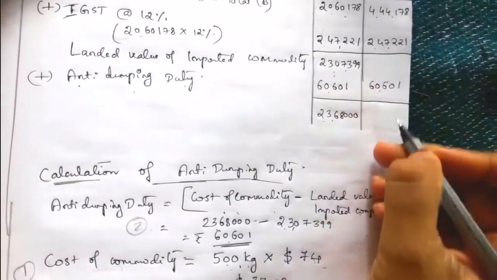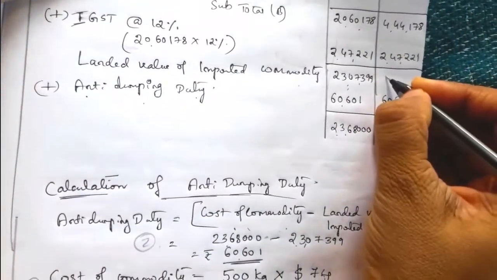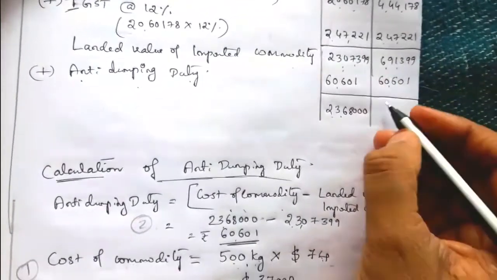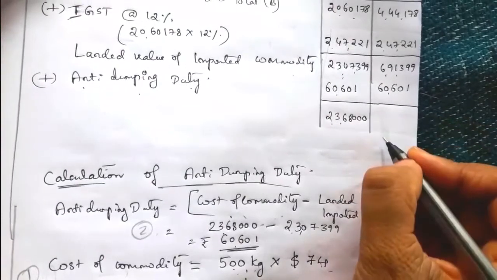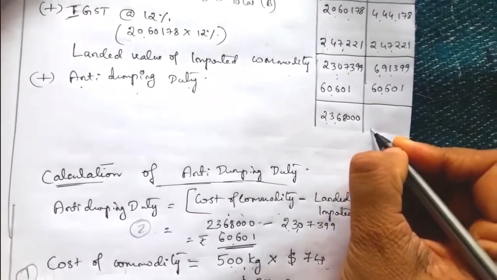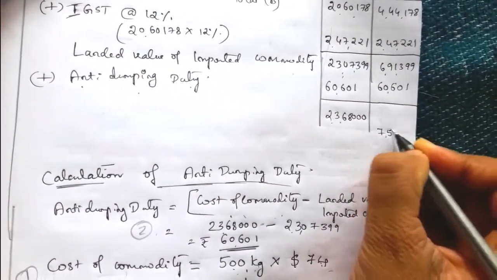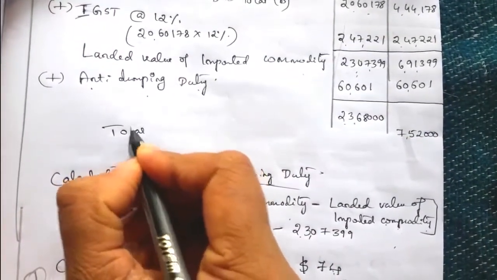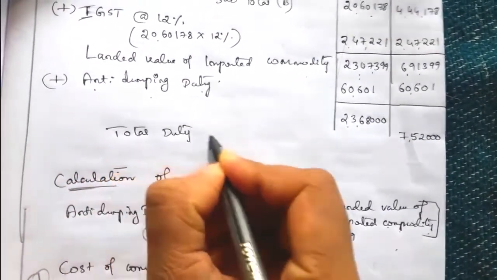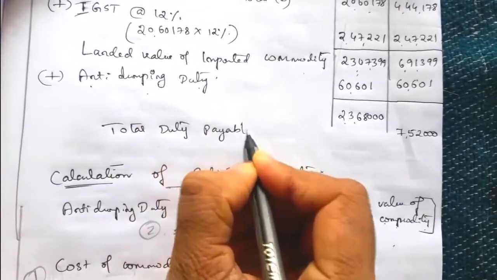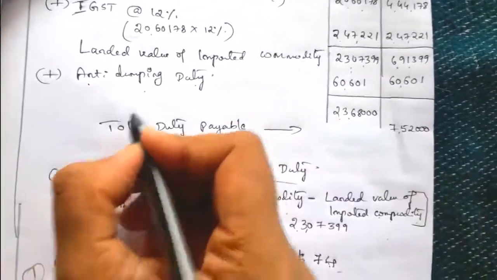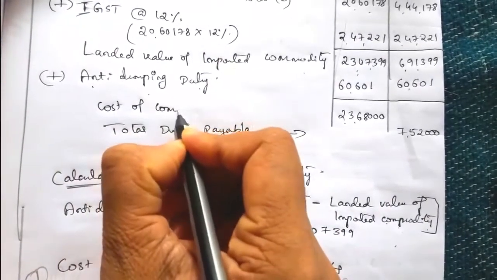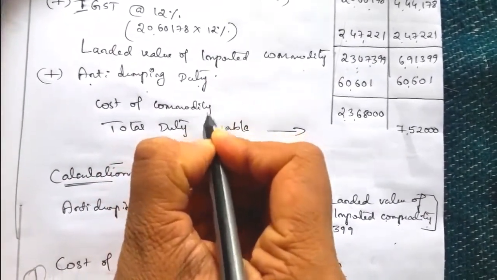And if you total this, it is 6,91,399. So the total duty payable is 7,52,000, and this total is nothing but the cost of commodity imported.